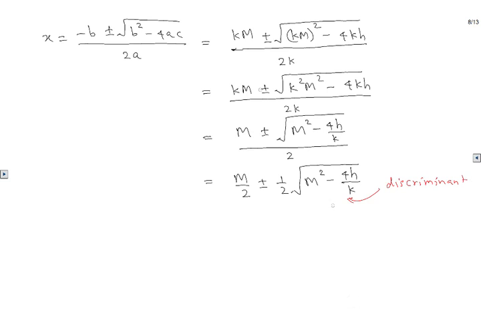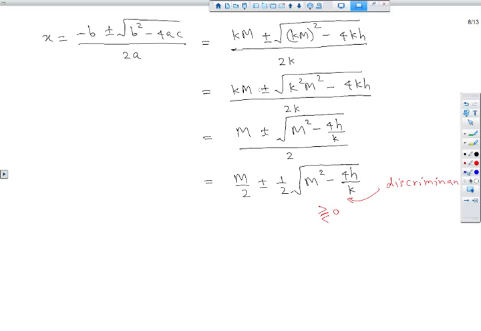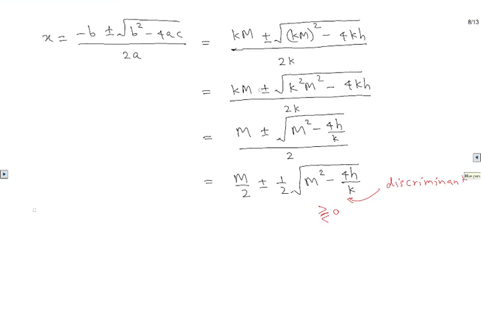Depending on whether this is positive, 0 or negative, you're going to have two real roots, equal real roots, or complex roots. So let's consider the three cases. The first case is if m squared minus 4h over k is positive.